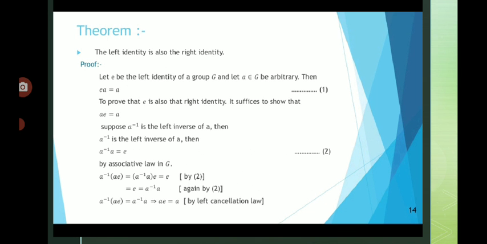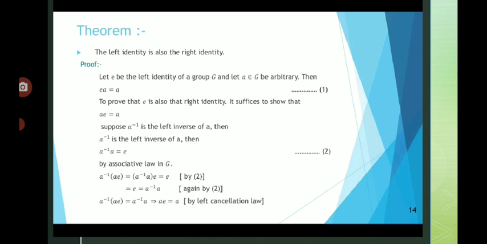And the next theorem is: the left identity is also the right identity. That means the left identity element is the same as the right identity element. Now the proof. Let E be the identity element in a group G and A be an arbitrary element.